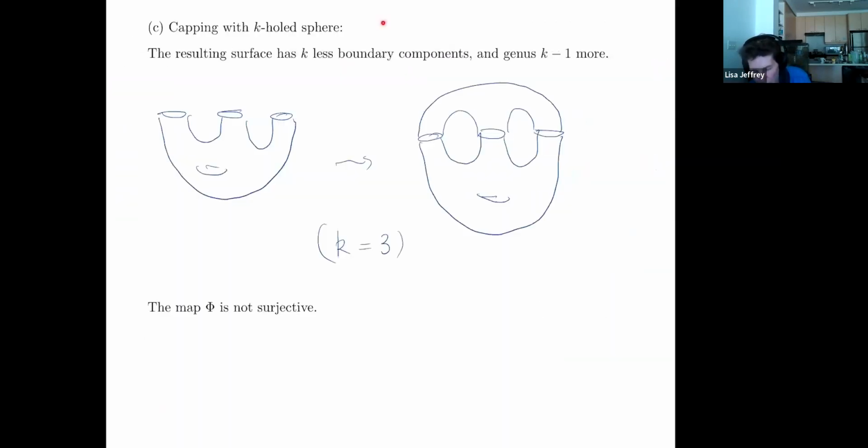You could cap with a k-holed sphere if there are k boundary components. So the resulting surface has genus k-1 higher. In this case, we start off with genus 1 and 3 boundary components. You cap it off with a 3-holed sphere. What you get has genus 3 and no boundary components. This corresponding map on character varieties is not surjective.